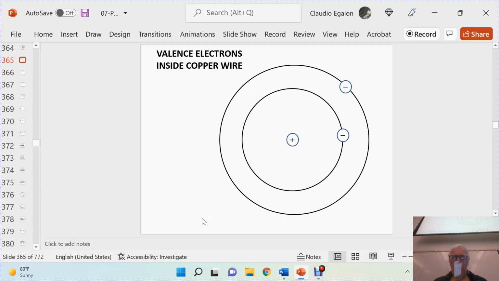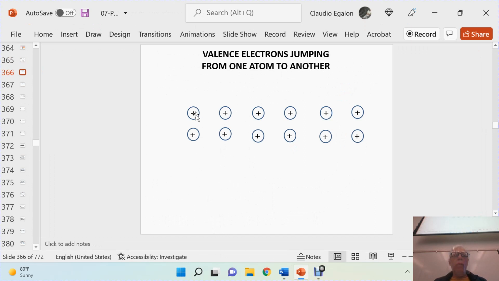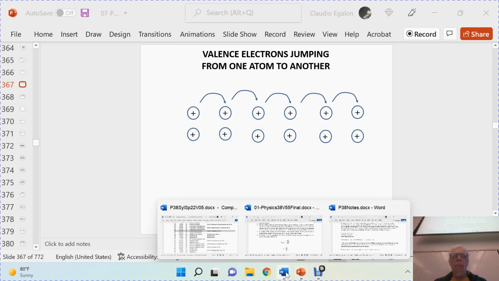Here we have a nucleus, another nucleus, another nucleus, and each of those nuclei has several electrons orbiting it. Then we have those outer electrons, the valence electrons, that are so weakly bound that they can move from one atom to another, keep on jumping back and forth. That's what the valence electrons are all about, and that's their importance: they move freely from one atom to another.